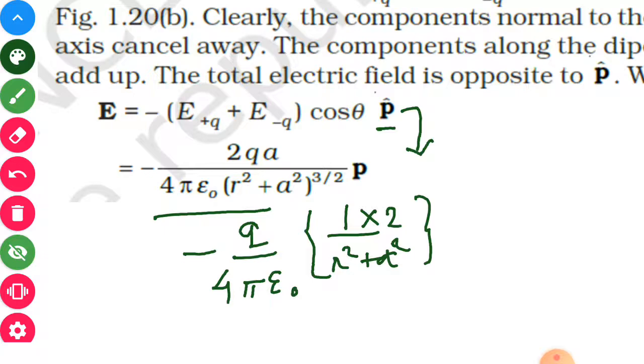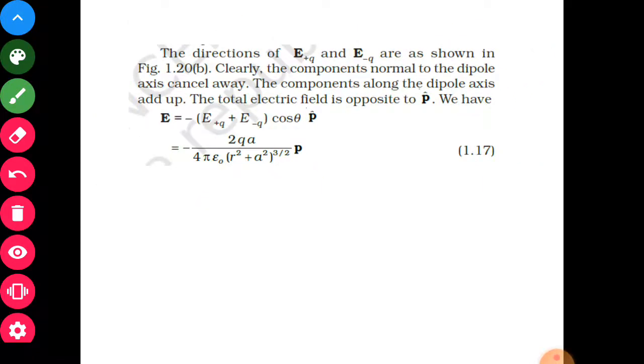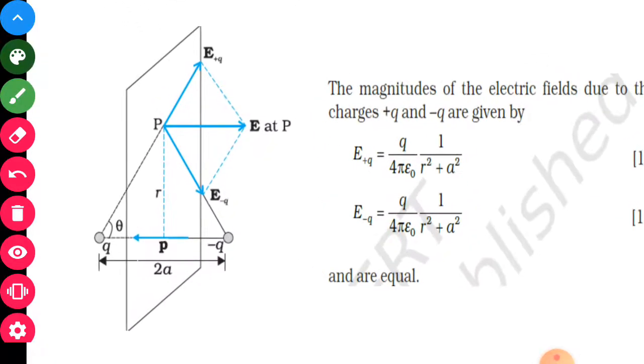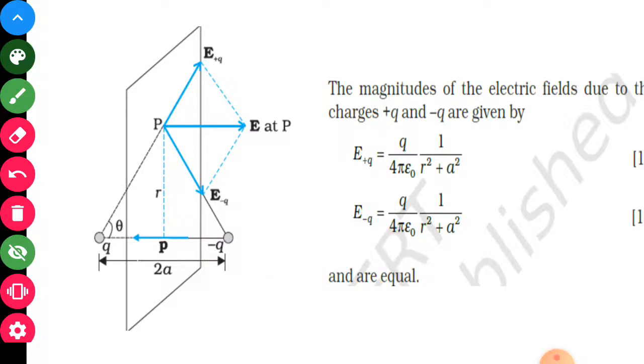Now cos theta. Try to understand this cos theta. If you want to find cos theta, this is the earlier simplification, which I am deleting, and we will write it again. Cos theta is nothing but, in this triangle, try to understand, this is the triangle in which you want to find cos theta.